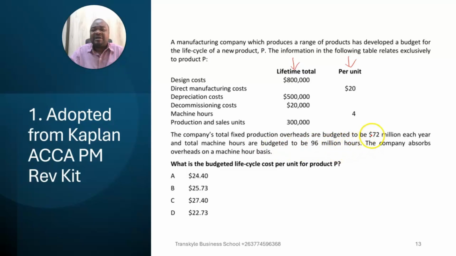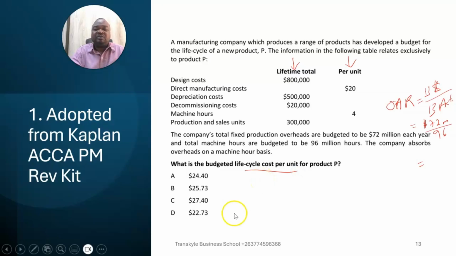So when I see budgeted costs and budgeted activity, something comes into my mind called the overhead absorption rate, the OAR, which is budgeted cost over budgeted activity. And in this case, that's 72 million divided by 96 million hours. So you get your overhead absorption rate there, which could be used when you are now determining the life cycle cost per unit.